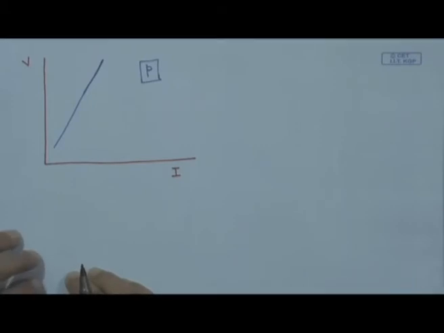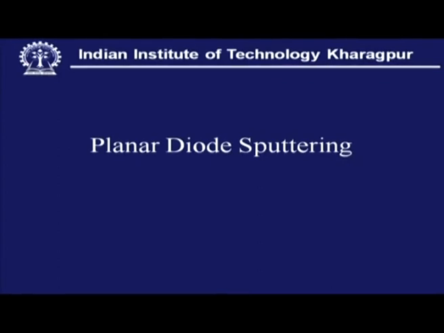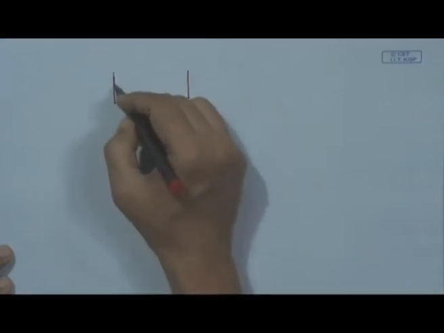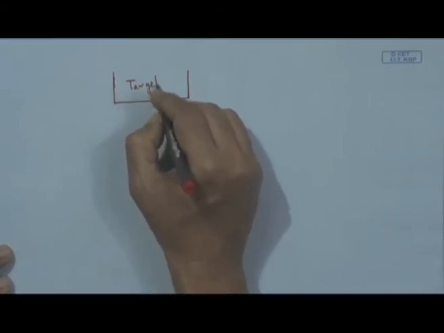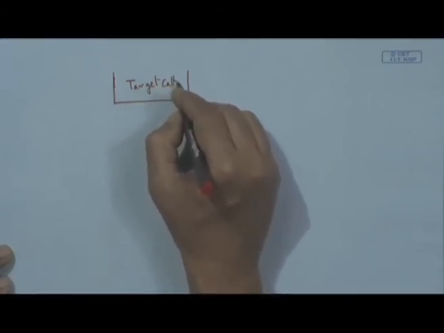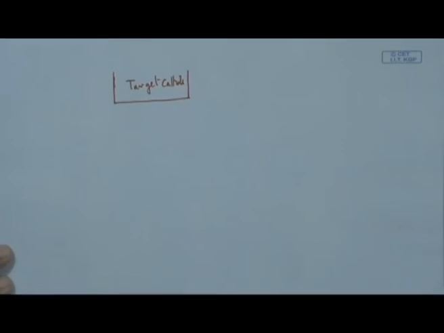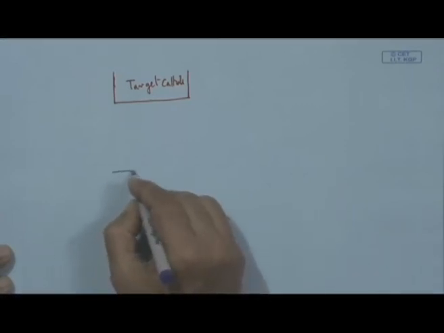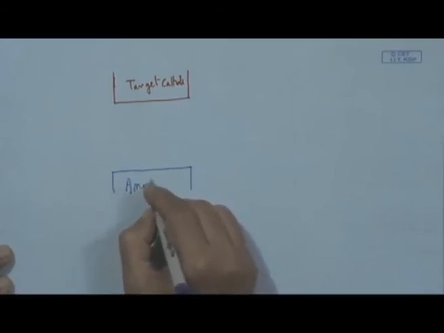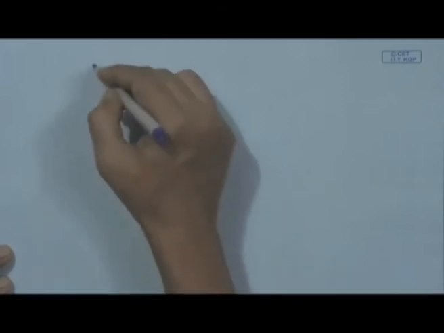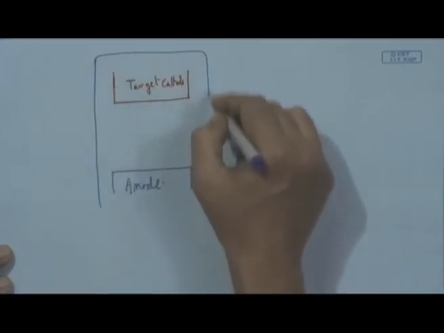Now comes planar diode sputtering. One can look into this planar diode sputtering. Here, if we have one target or cathode, and on this side we have the anode, and the whole thing is within a chamber.